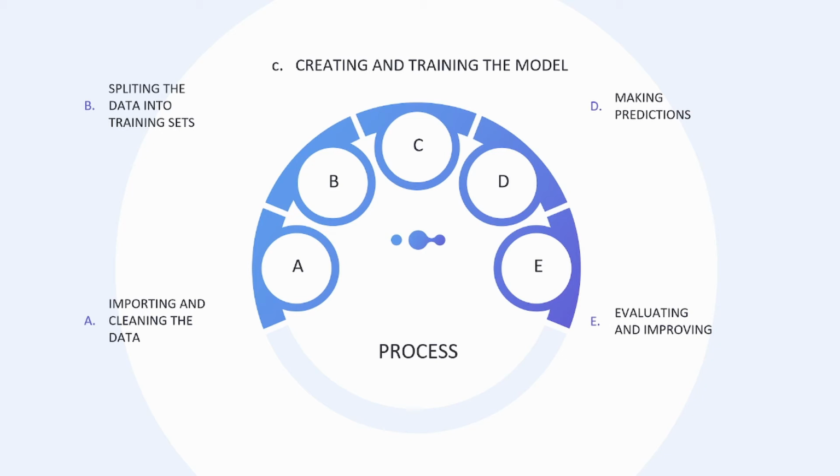So the train test split is a technique for evaluating the performance of a machine learning algorithm. It can be used for classification or regression problems and can be used for any supervised learning algorithm. If you don't know, we have three types of algorithms: supervised, unsupervised, and reinforcement learning algorithms.